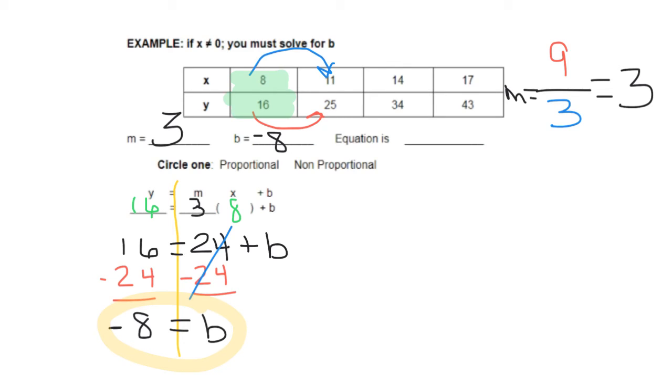Now again, the equation is what goes into the Schoology, so you submit an answer. You want to have 3 and negative 8 on your paper, but you'll put the entire equation here. So you're going to put in y equals 3x. Now watch what I do here. Minus 8.